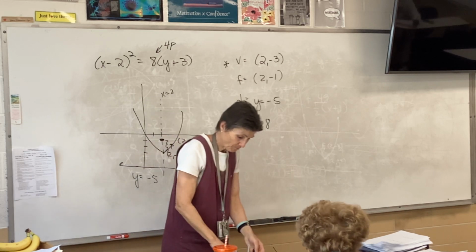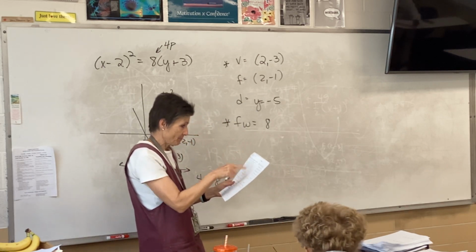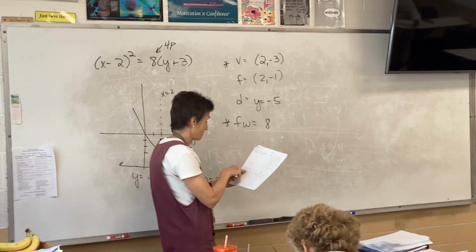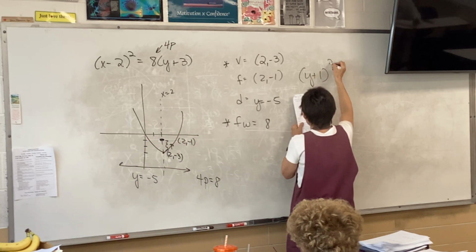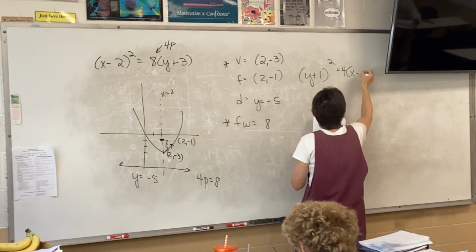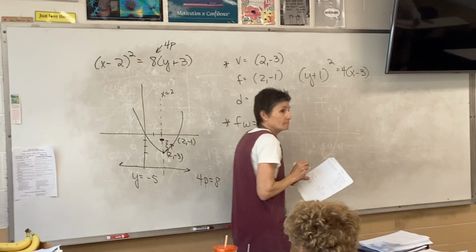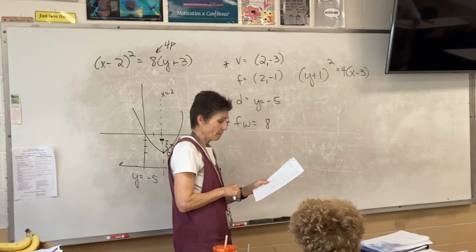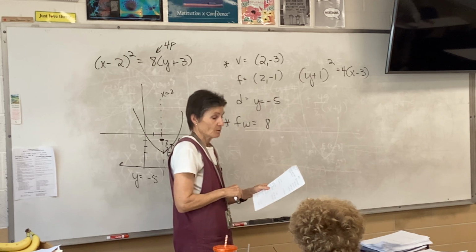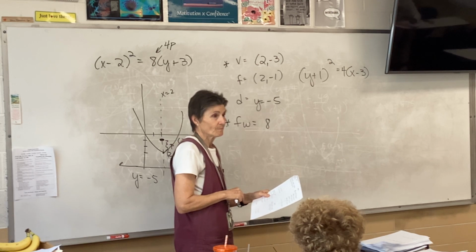Let's do, on that same page, down there at the bottom, the one that says, y plus 1 squared equals 4x minus 3. On page 2, one of the problems at the bottom, we're going to do that parabola.